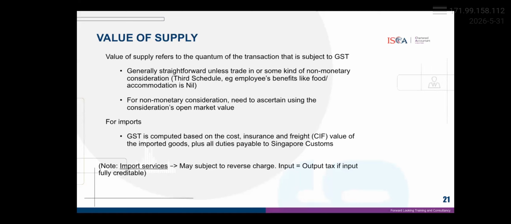The value of supply is important because after we determine the type of supply, whether it's 9% or 0%, we need to apply the GST rate on a value. So for that transaction, we need to determine the value of that supply in order for the GST rate to be applied.